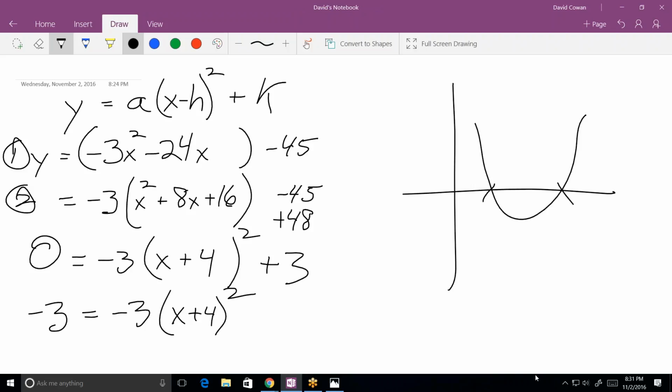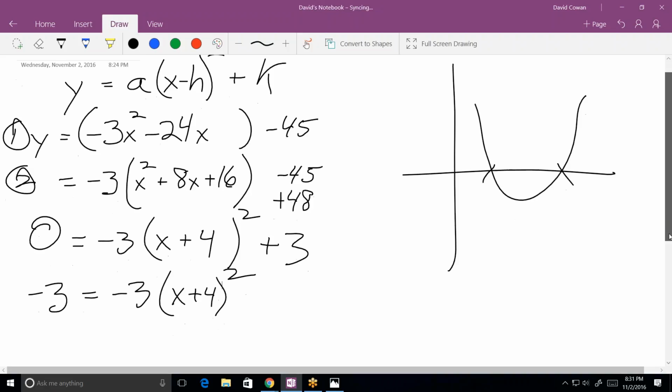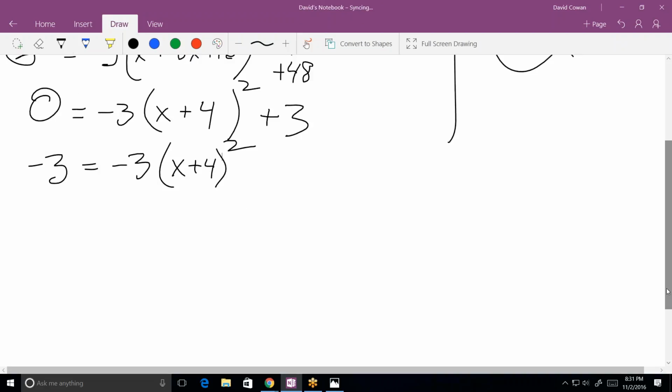Now what? How do I get rid of this minus 3? I can't solve this equation until that minus 3 is taken care of. I'm talking about this minus 3 here, not the one over here. What is the minus 3 doing right now on the right side of the equation?